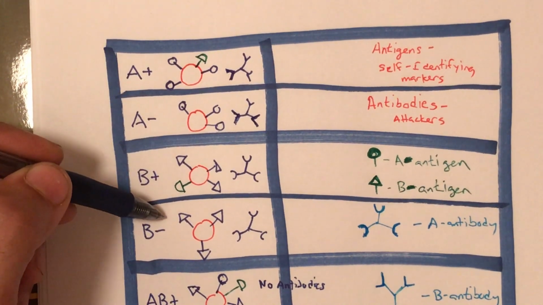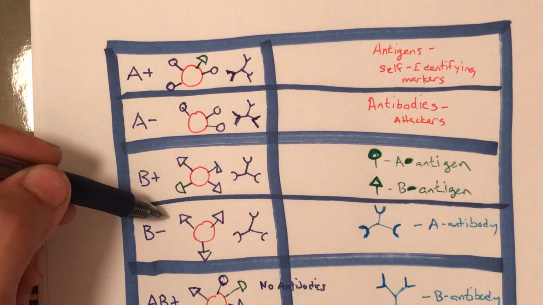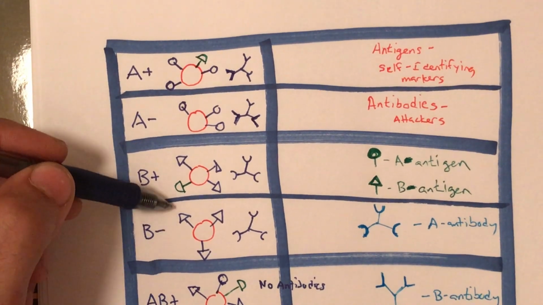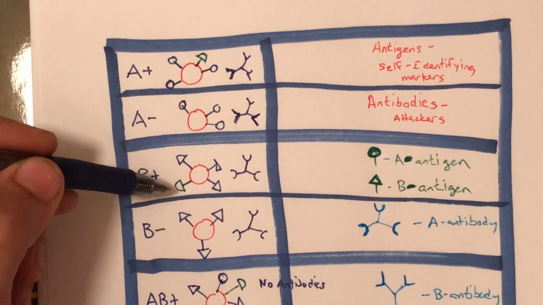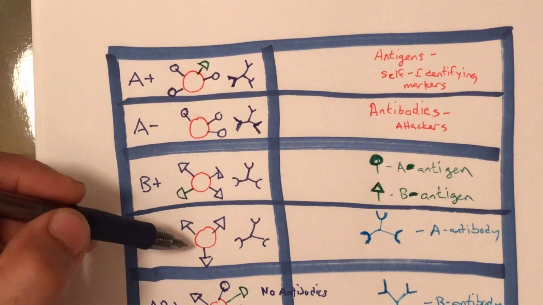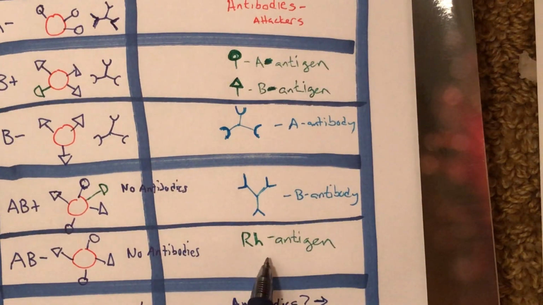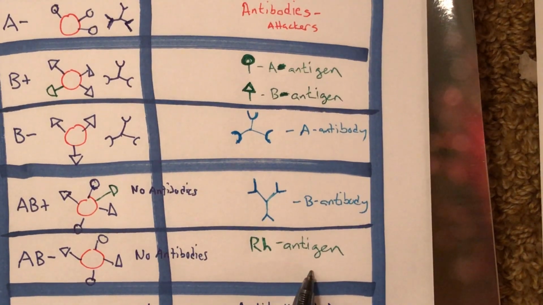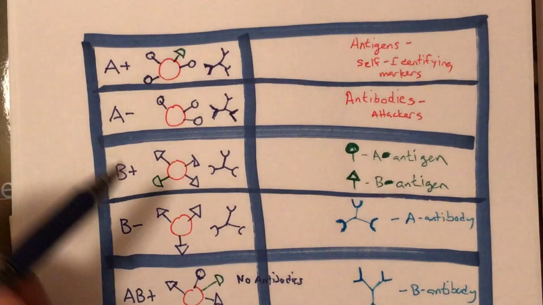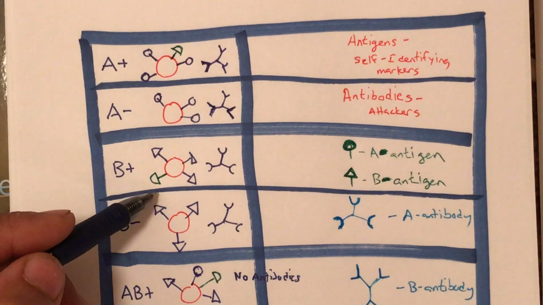But a person with B negative blood, if they were exposed, if they got someone else's blood into their blood that has the D antigen, they will start making the Rh antibody to attack those foreign Rh antigens.